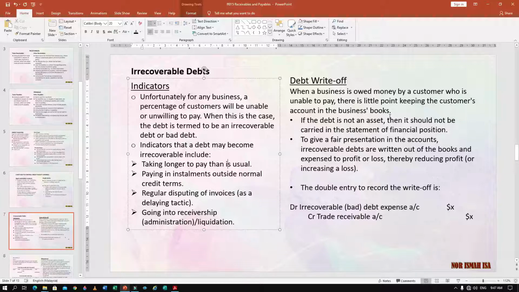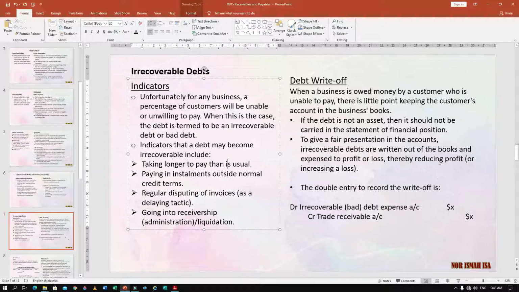If the debt is not an asset, then it should not be carried in the statement of financial position. To give a fair presentation in the accounts, irrecoverable debts are written out of the books and expensed to profit or loss, thereby reducing the profit.